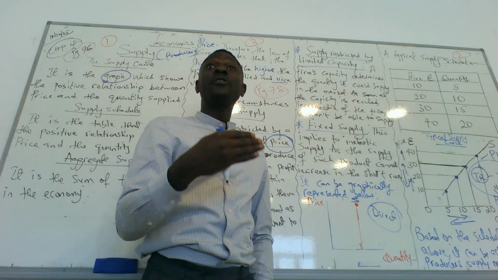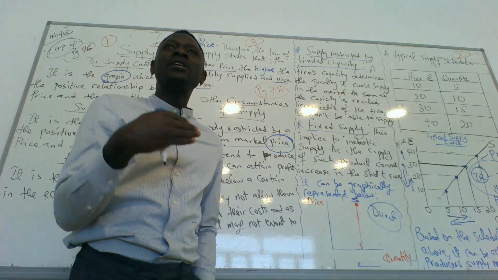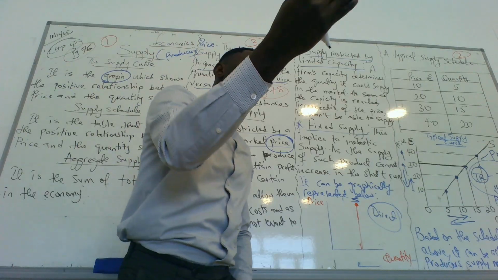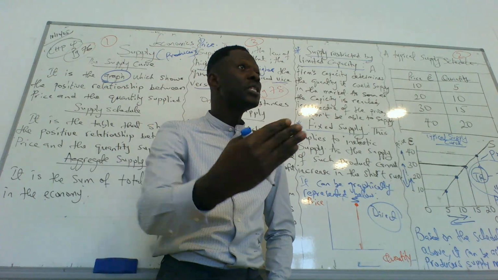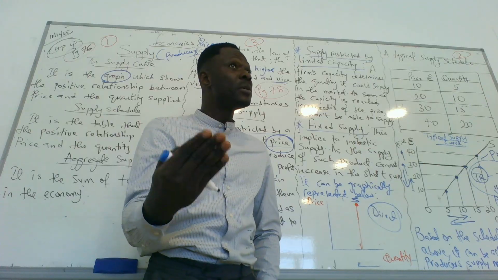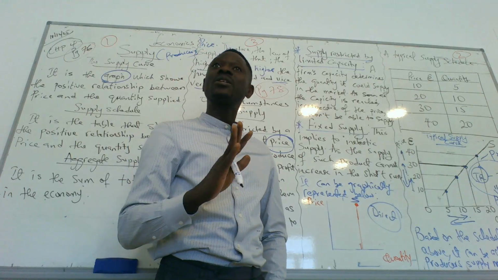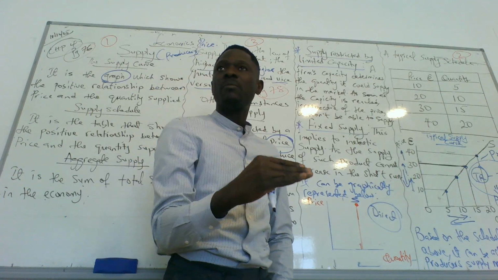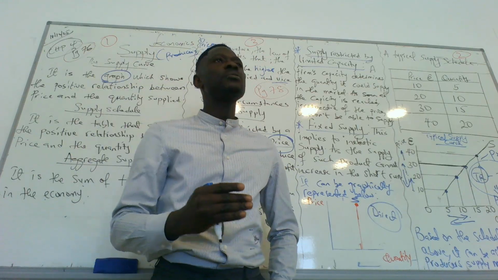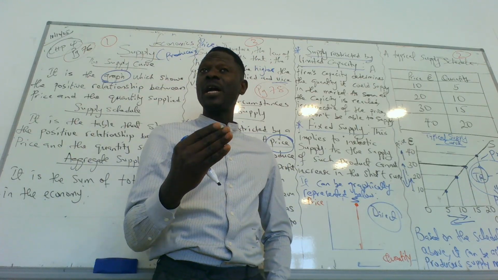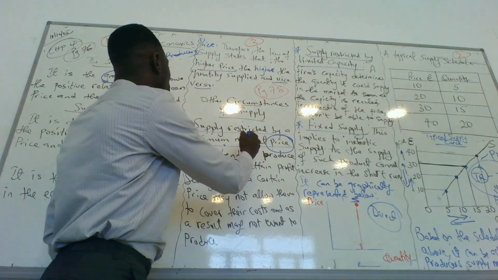If they cannot cover their cost, they don't have the incentive to produce because they won't be able to make profit. The main reason why we set up a business is to make profit. But if the price is minimum, we won't have the incentive to produce. As a result, supply will be restricted.